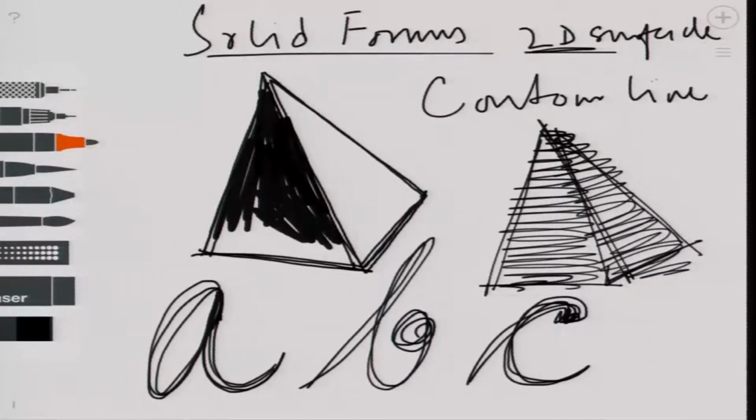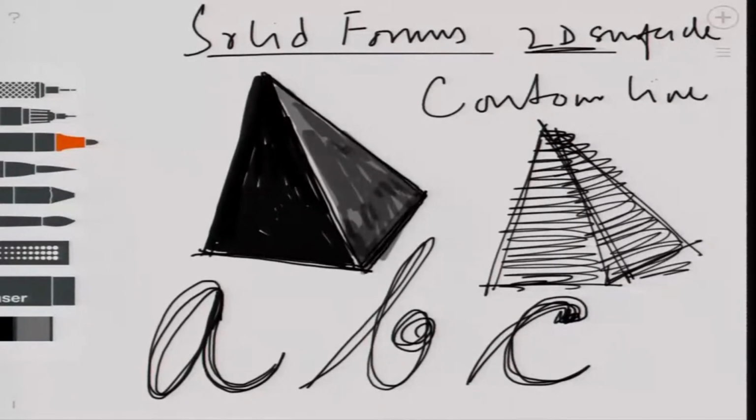By applying strokes, working on the lightened shed, this way the form will transfer from a line drawing to a solid form.